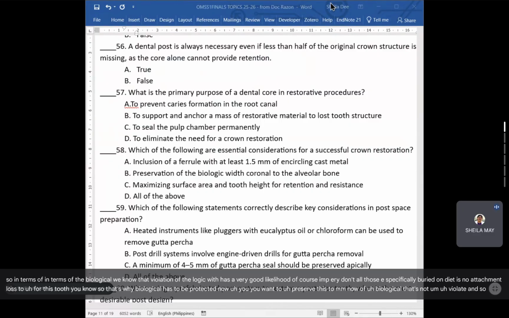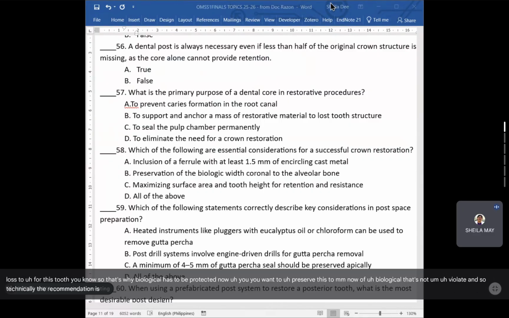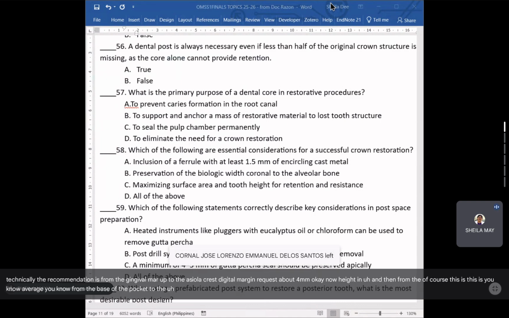So technically, the recommendation is from the gingival margin up to the alveolar crest, about 4 mm in height. Of course, this is average. From the base of the pocket to the alveolar crest, about 2 mm.